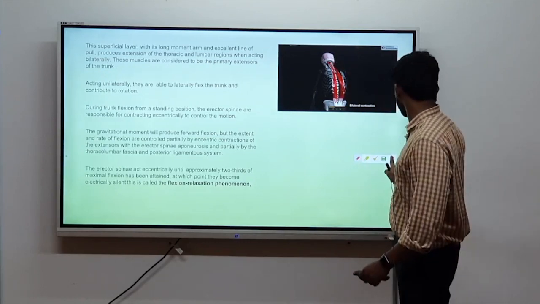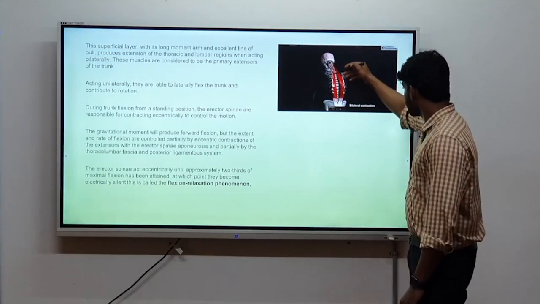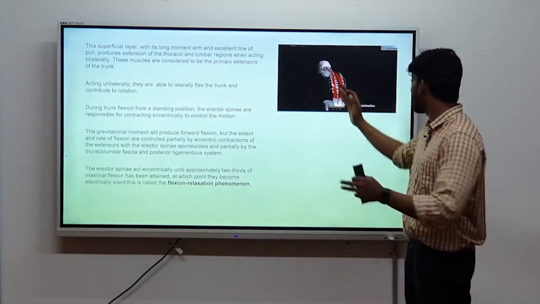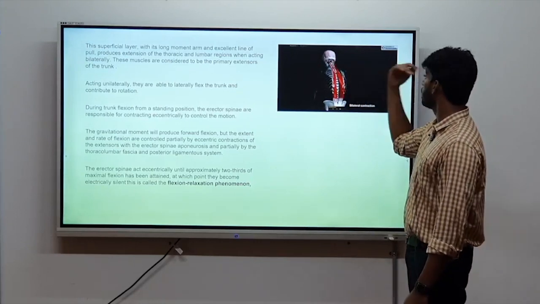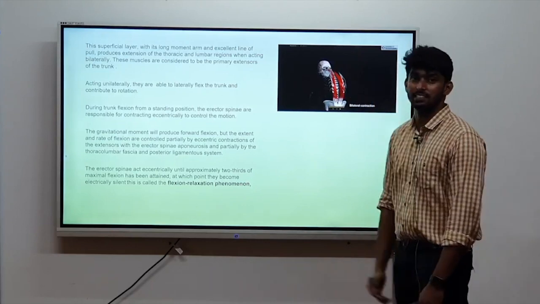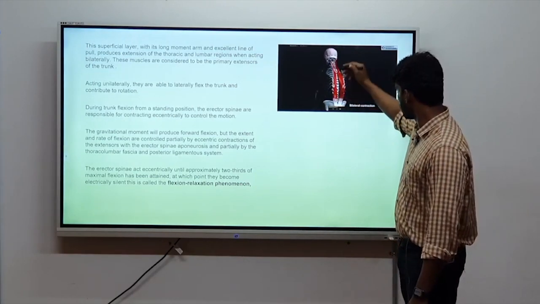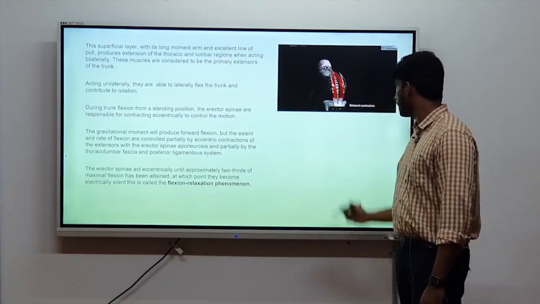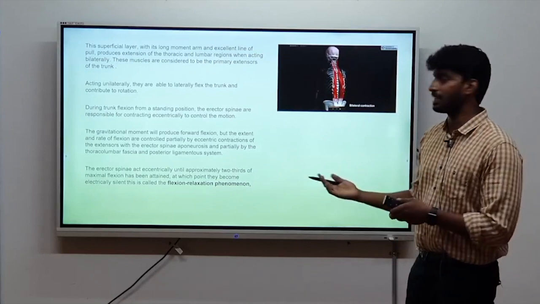As I told you, it is an exact posterior muscle. If the bilateral muscles are acting properly, they produce extension of the vertebral column from the cervical area to the sacrum. From the lumbar area, the movement will be starting.